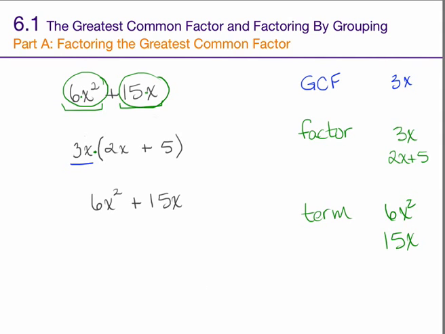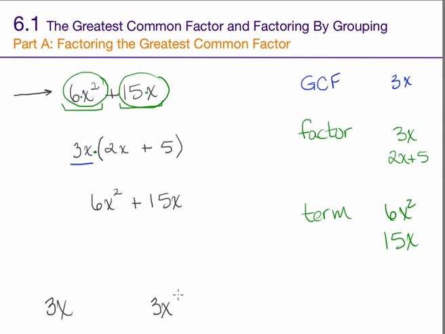Now that should all be vocabulary you already know, but in some questions in WAMAP, I'm just going to ask you to find the greatest common factor. So your answer would be 3x in this case. But if I ask you to factor out the GCF, that's not just finding the GCF, it's factoring it out.